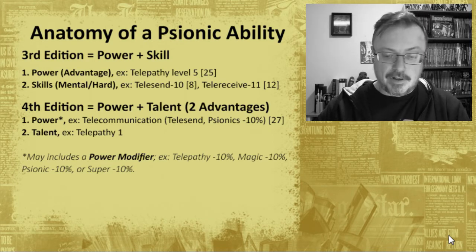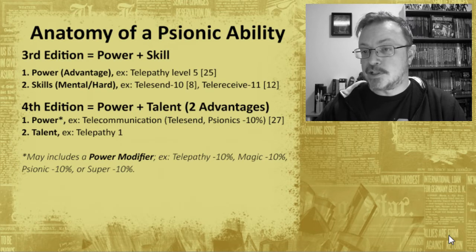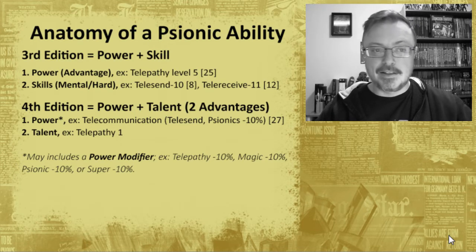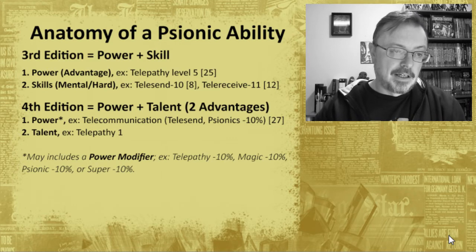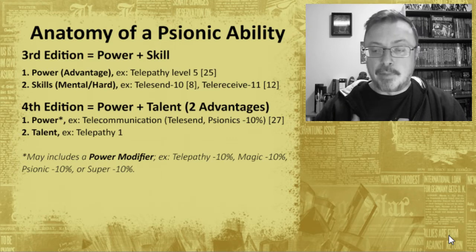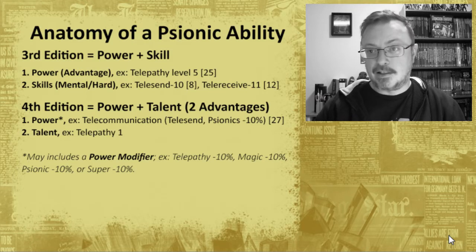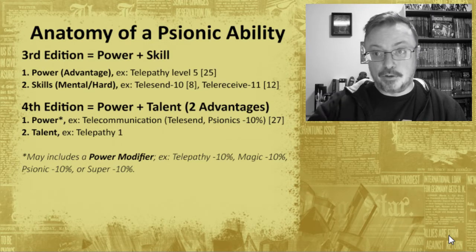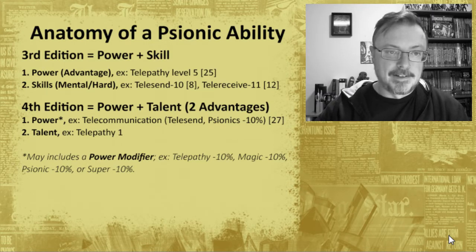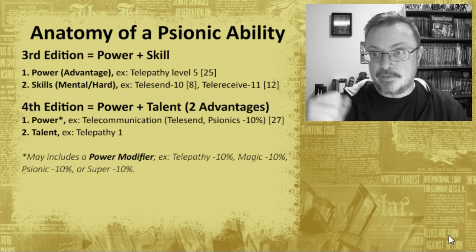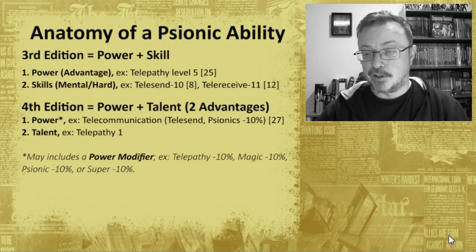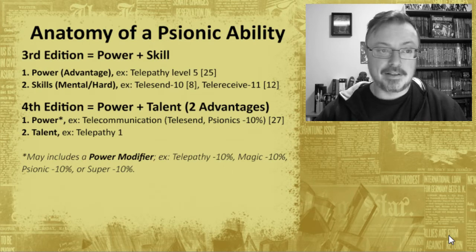In the case of telekinesis, it will represent the strength of what you can lift or manipulate at a distance. And then you have to buy mental hard skills to use that telepathy power. Here, Telesend to send your thoughts, and Telereceive to receive thoughts. So that's the gist of the third edition way of doing psionic abilities.